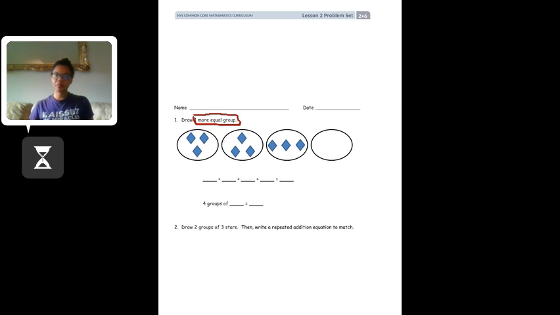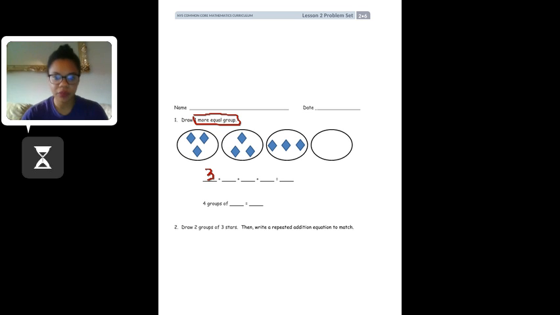Okay? So in my first one, I have 1, 2, 3. So I'm going to put the number 3 on my paper, just like on the screen. You see it? I put 3 down because there's 1, 2, 3 diamonds.